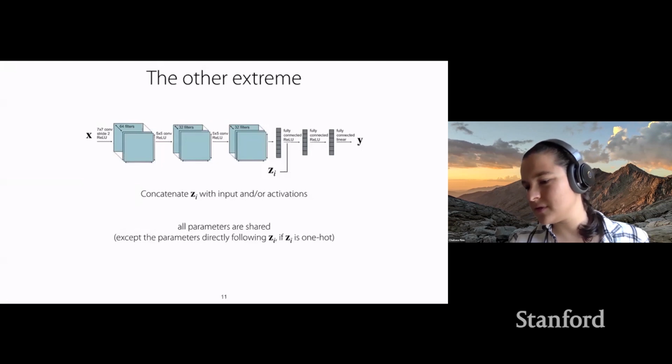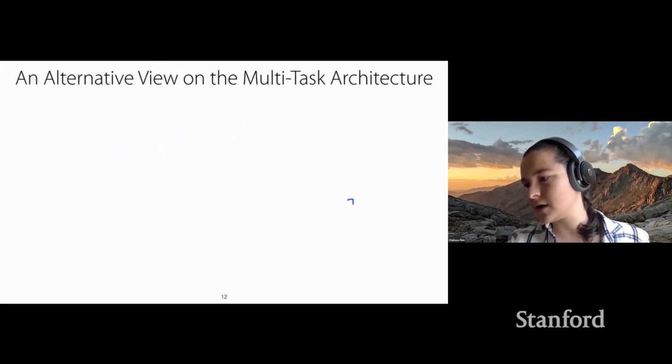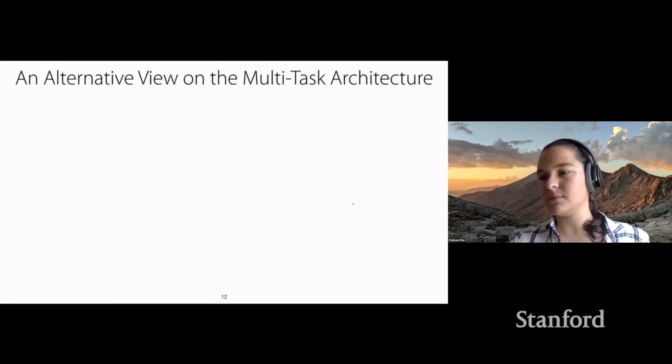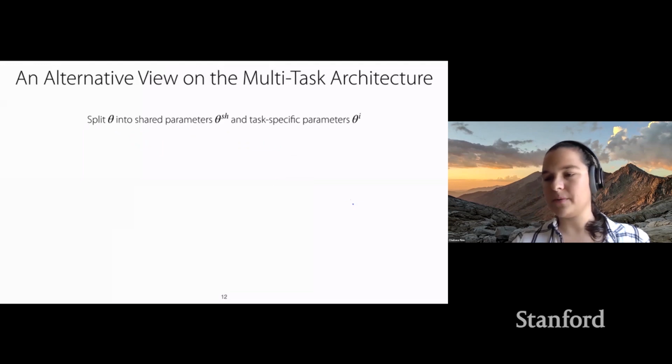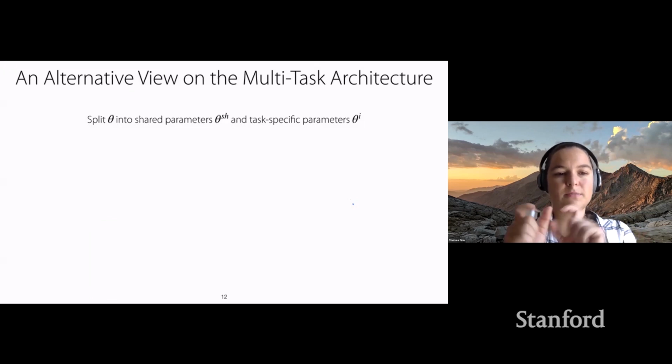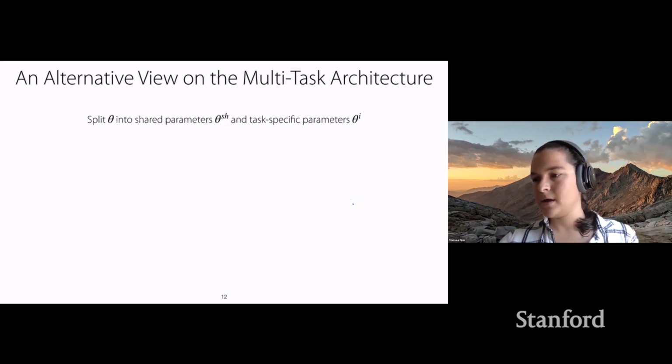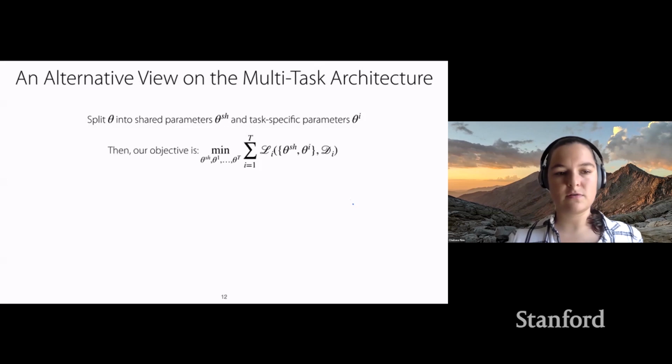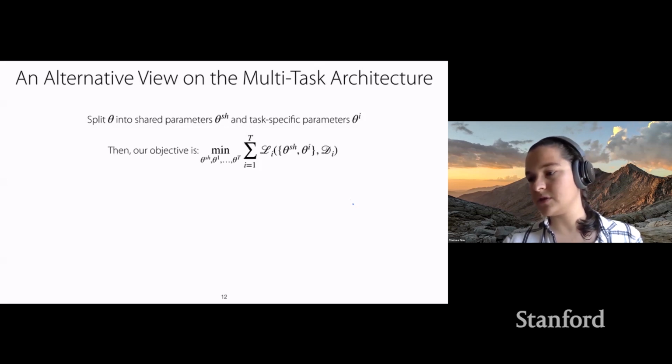This gives you an alternative view on the multitask architecture: instead of thinking about conditioning on Z, think about splitting your parameters into shared parameters and task-specific parameters. If you do this, then you can write out your objective as something like this, where you again have your summation over tasks.